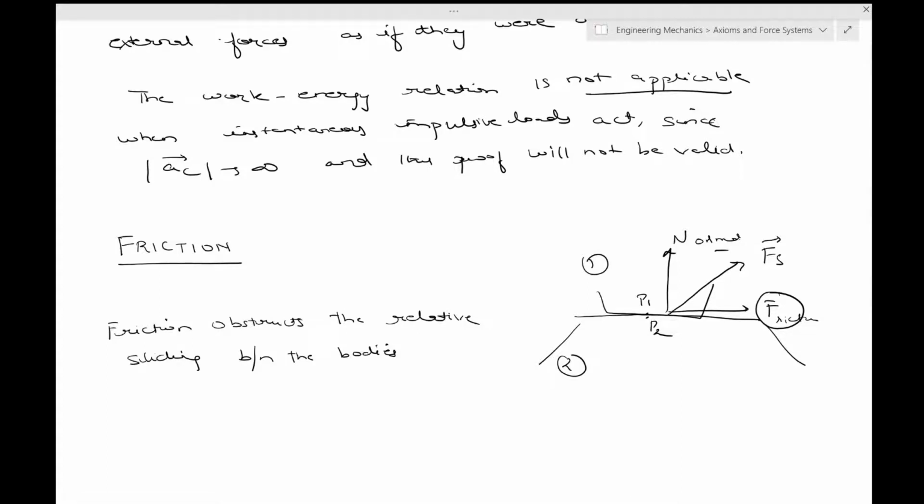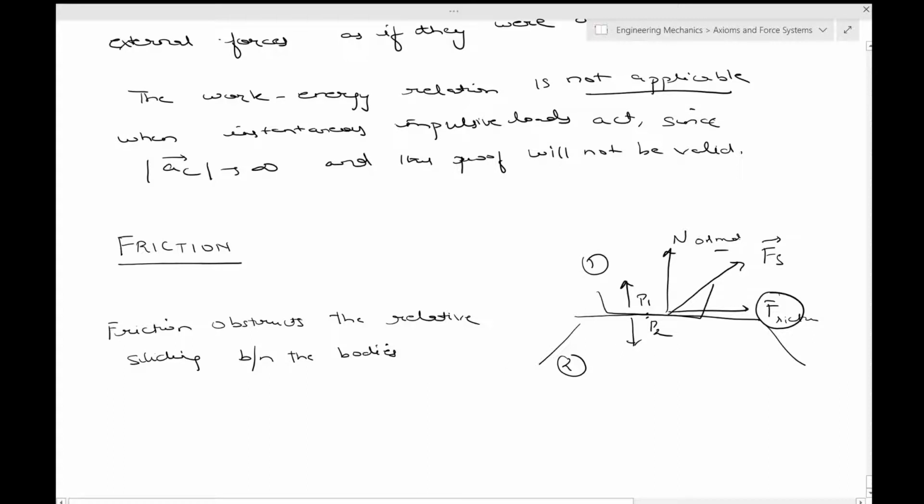So that's the part about direction, and since the bodies are always pressing against each other, the normal reaction on a body always points into its interior. So the normal reaction will always be into the interior. For this is body 1 and over here it will be body 2.